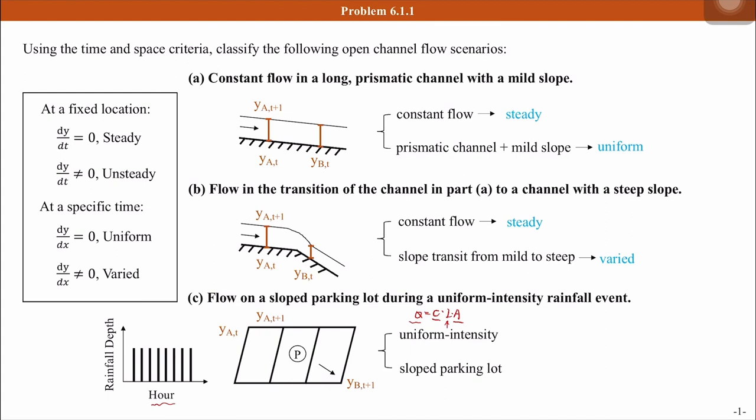And because it's a sloped parking lot, the flow rate generated at point A at time t plus 1 equals C times the intensity at time t plus 1 times A. And the flow rate generated at point B equals the coefficient times the intensity times area A, and we also need to add the water that drains from other places, which is the water generated at other places at time t.